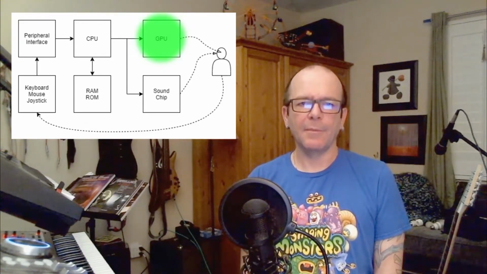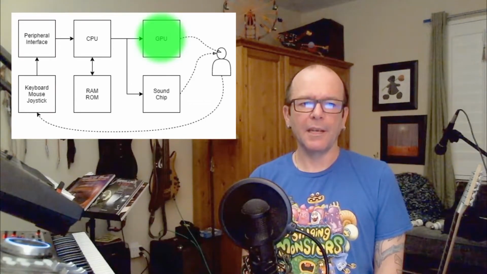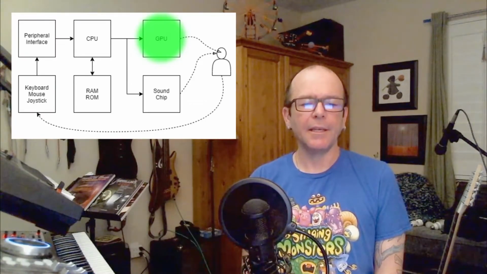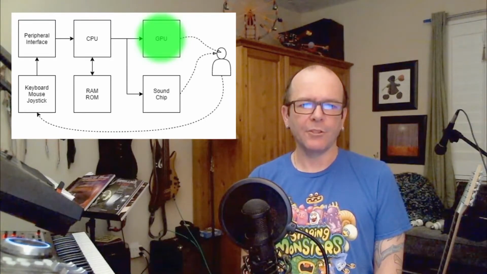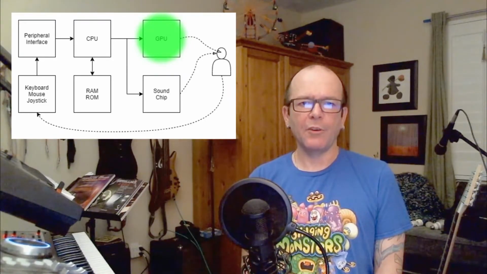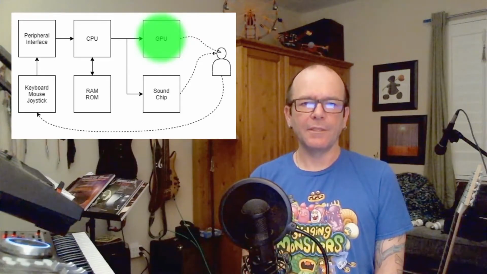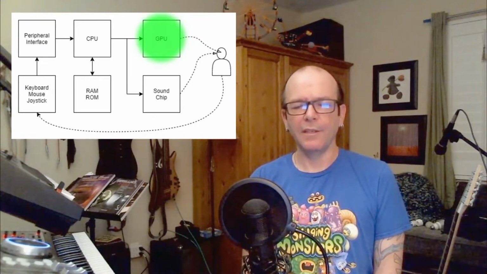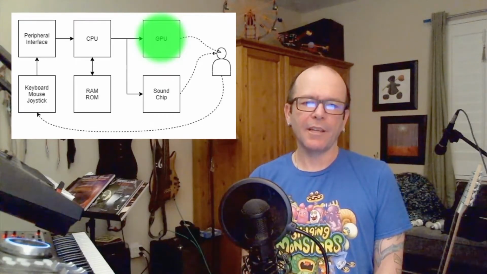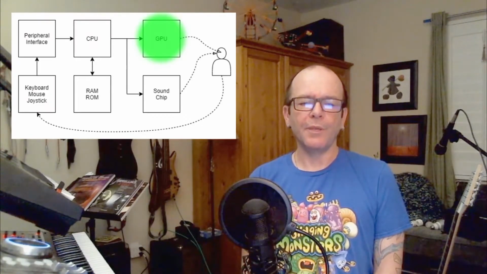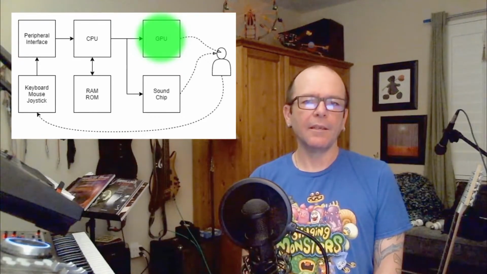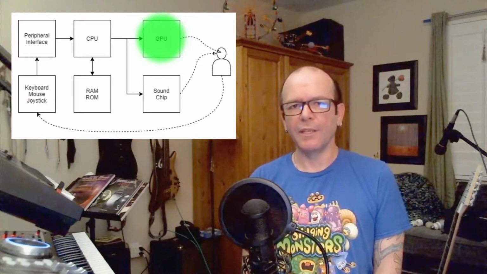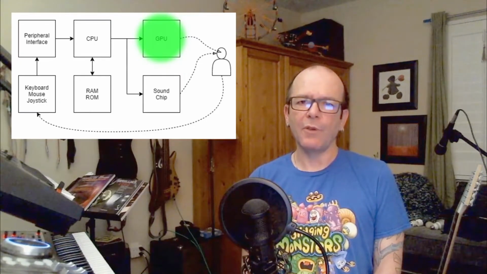Going back to last week's episode, when I was talking about CGA and EGA, which I will cover a little bit later, in the IBM PC those weren't really dedicated graphics chips. They were simply a piece of memory that you would still have to use the CPU to write data into, versus other architectures where the GPU would be tasked with writing graphics data into graphics memory, so the CPU would be free to do other things.